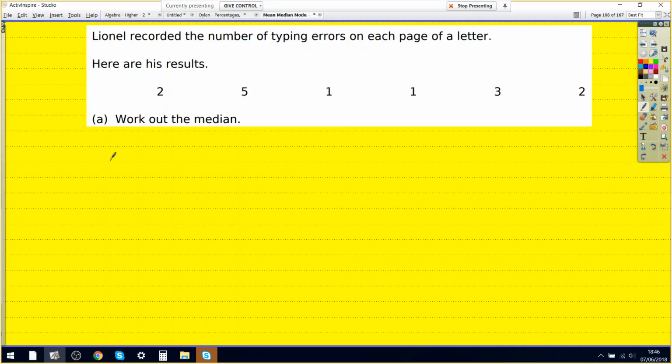So then this one in order is 1, 1, 2, 2, 3, 5. So we've got 2 2s in the middle. What's the median? 2. Okay.